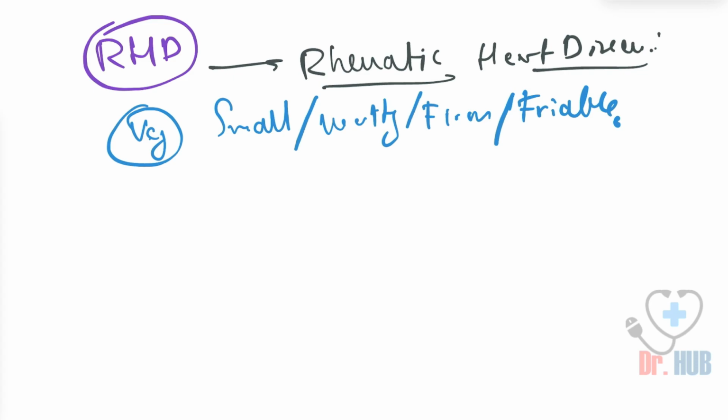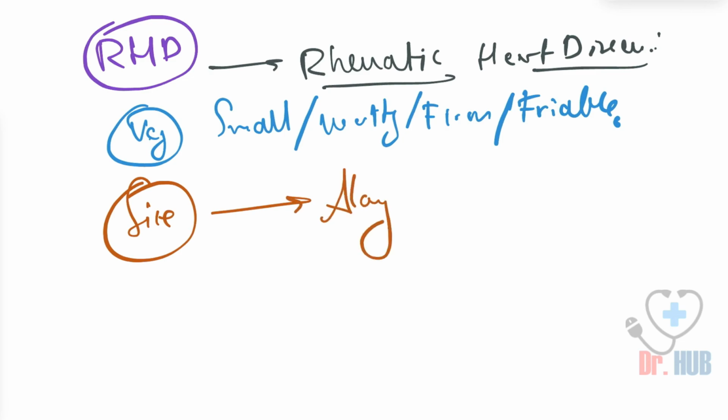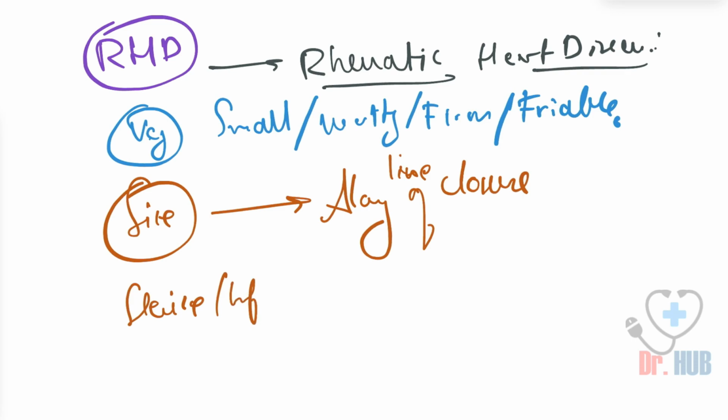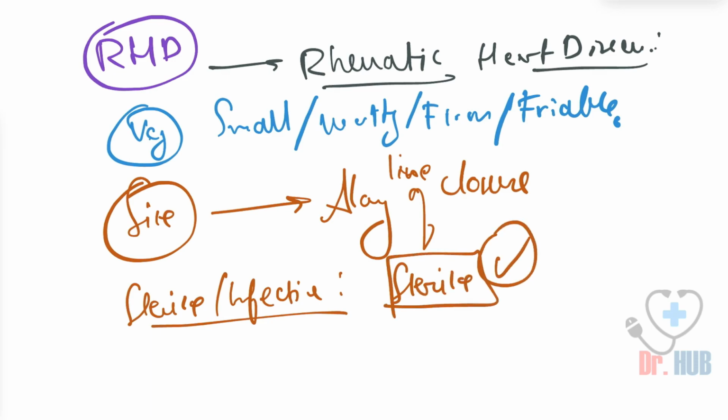Now looking at the site, this is important: it is along the line of closure. Then we look at whether it is sterile or infective. It is sterile. And what about embolization? It is uncommon.